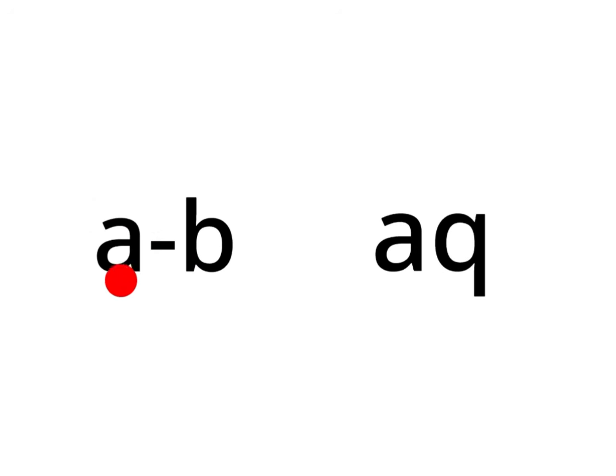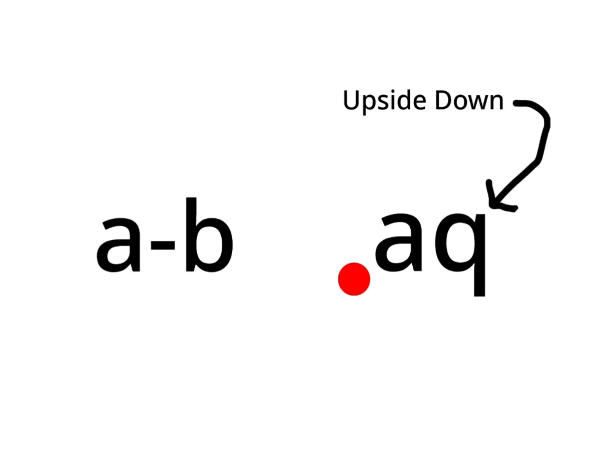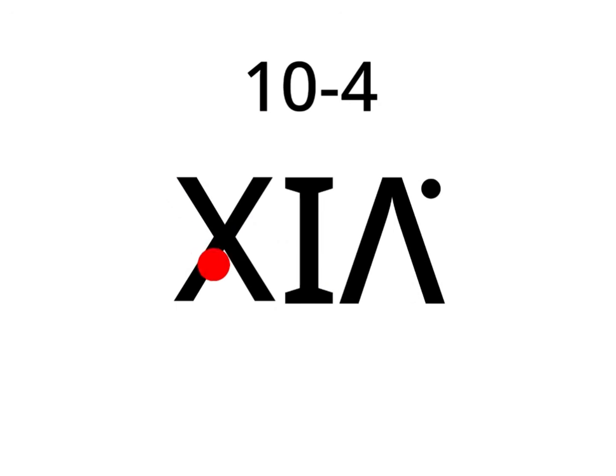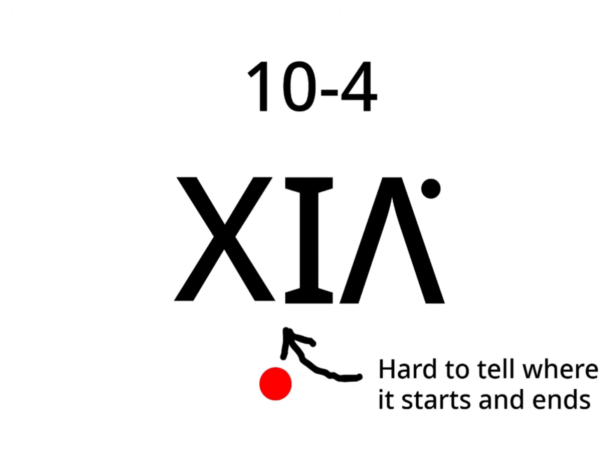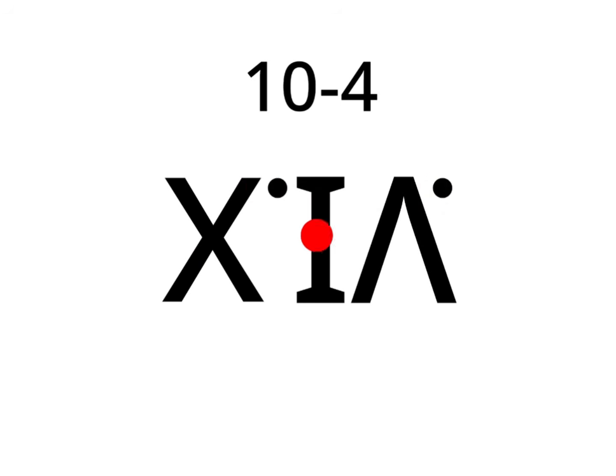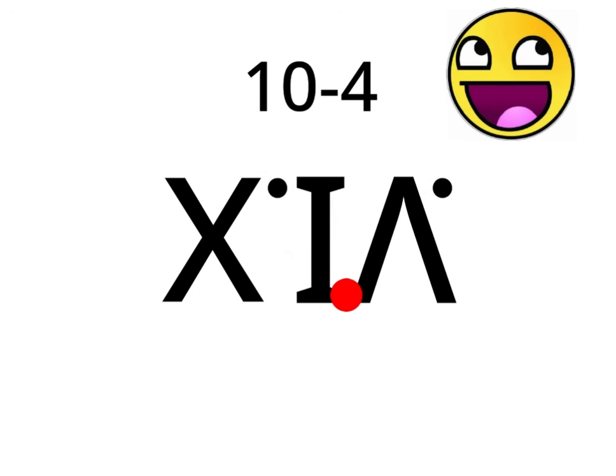But take away is going to be kind of hard, because we've already invented the negative numbers by flipping the actual letter. But it just gets really complicated because this would be 10 minus 4, but it's really hard to see which part is negative and which part is positive. So instead of that, we're just gonna add another dot there, because yay, that's so much better.